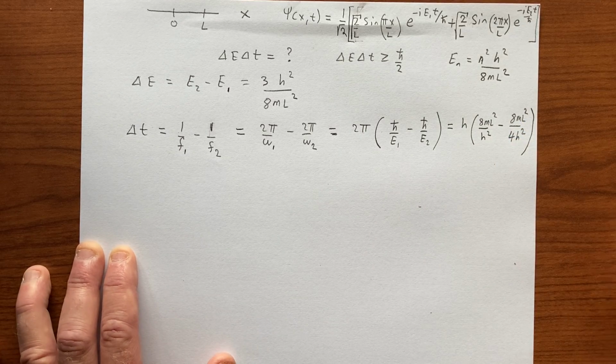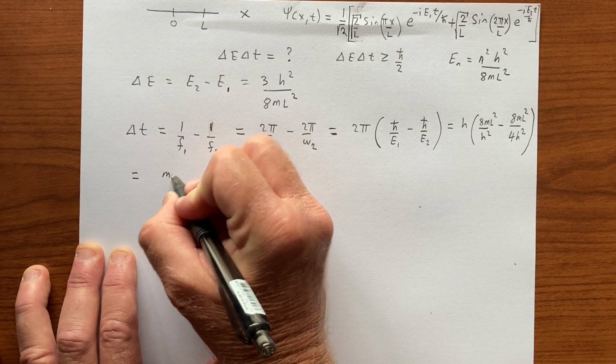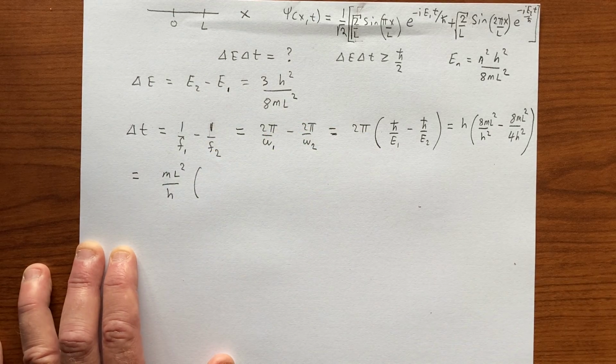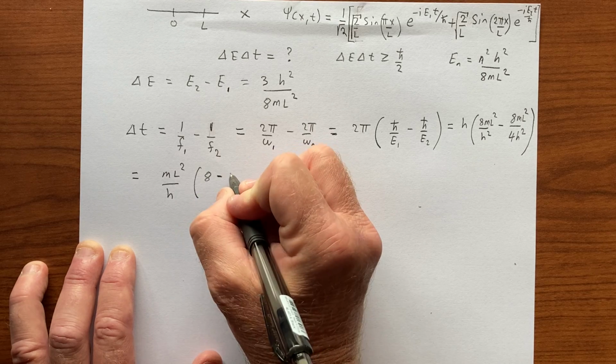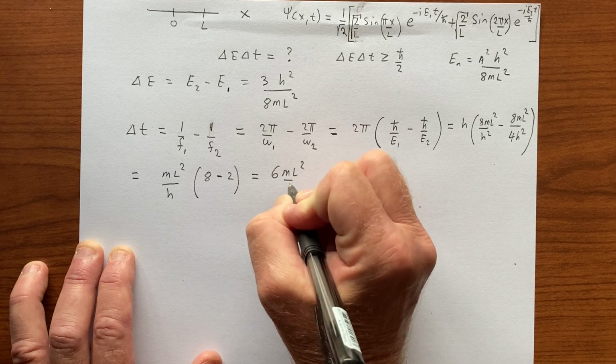So this looks like we have an mL squared over h times 8 minus 2, which gives us 6mL squared over h.